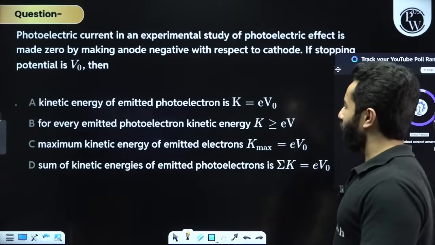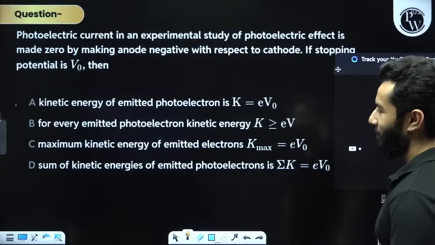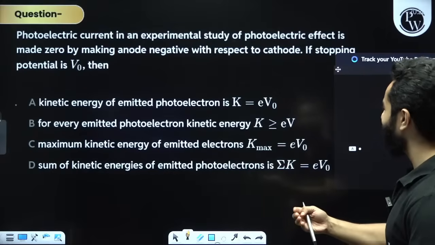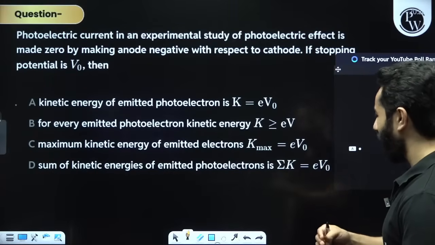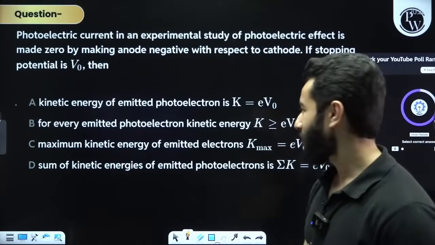Kinetic energy of the emitted photoelectron is equal to eV0 for every emitted photoelectron, or kinetic energy is greater than eV0, or maximum kinetic energy of emitted electron is eV0, or the sum of kinetic energies of emitted photoelectrons is this.